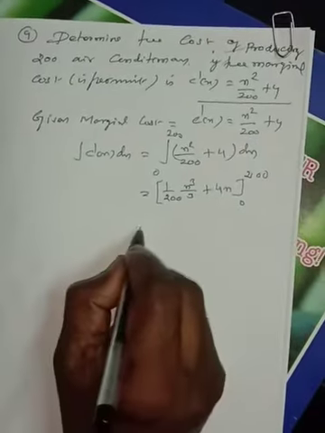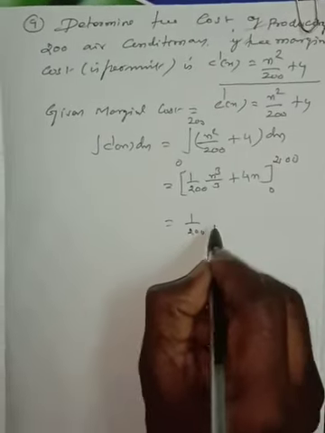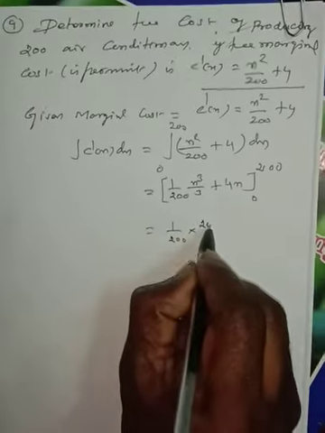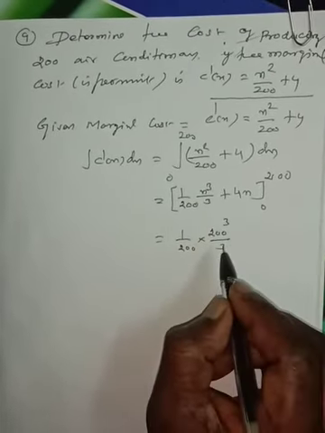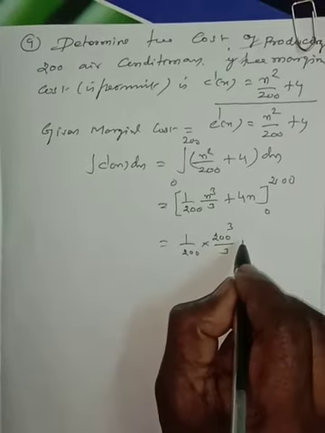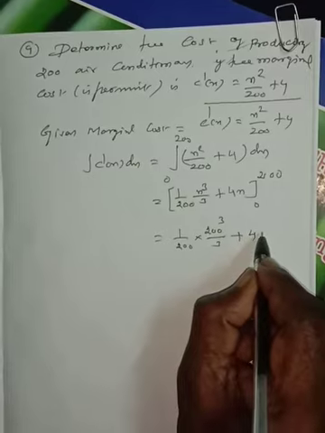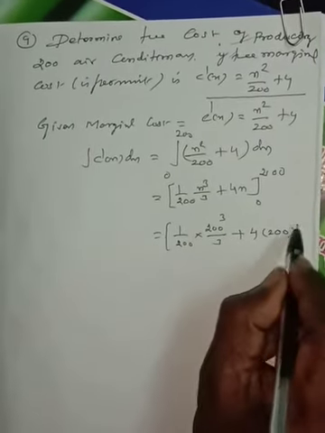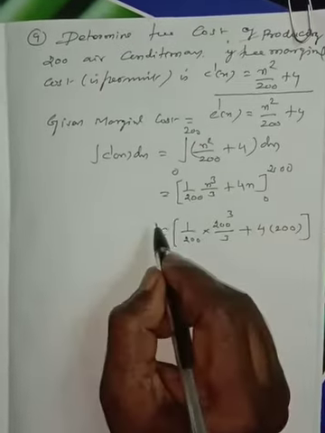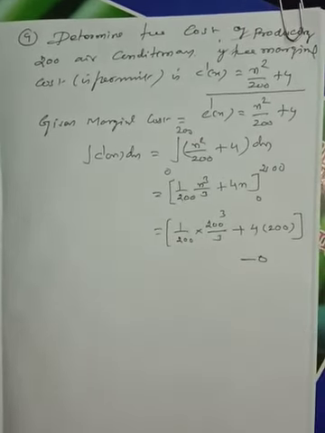Is equal to, apply upper limit: 1 by 200 into 200 power 3 divided by 3 plus 4 into 200, upper limit minus lower limit, taking and applying, we have 0.